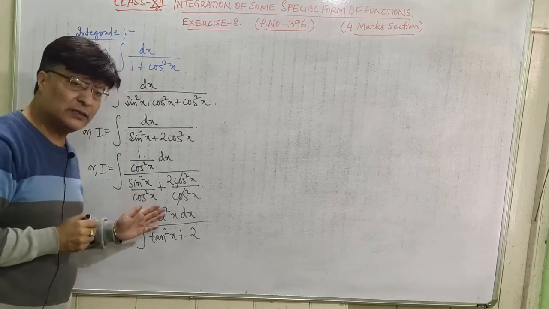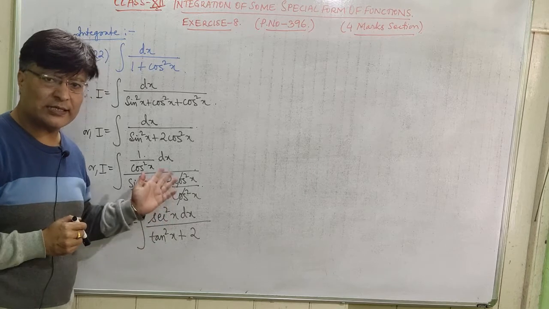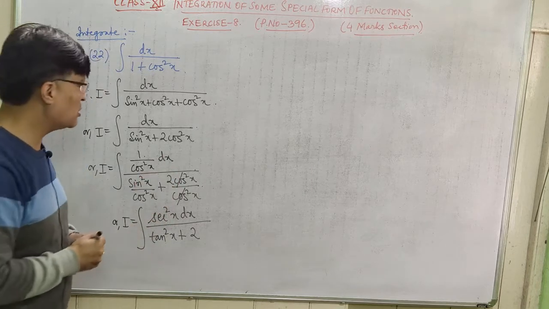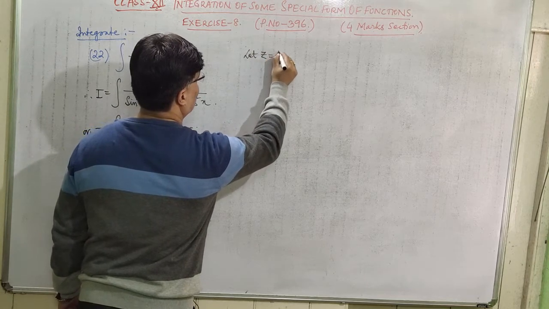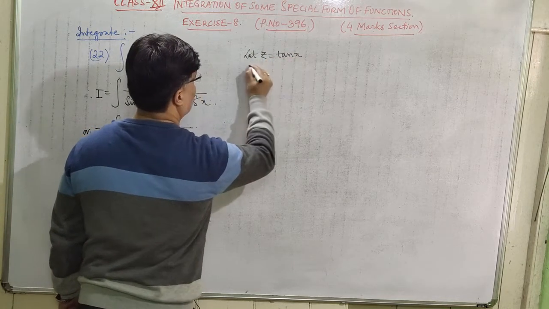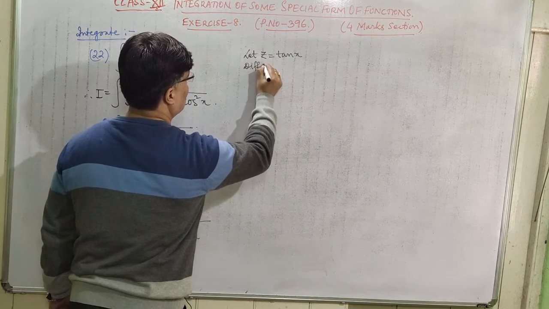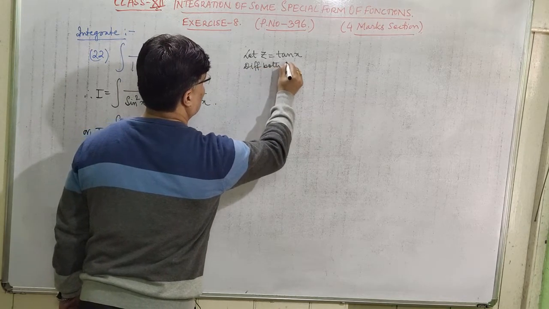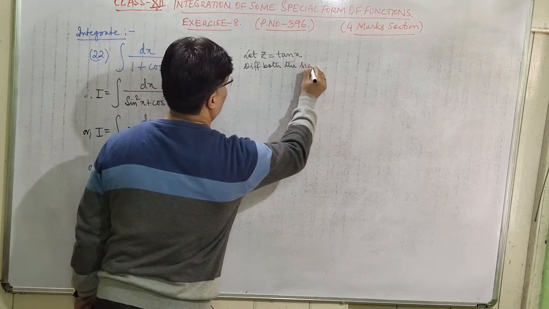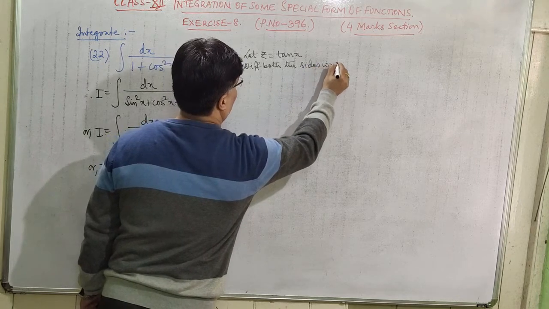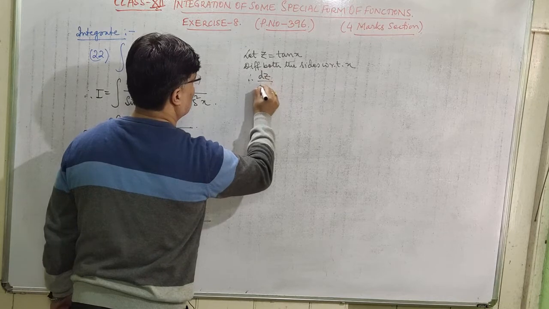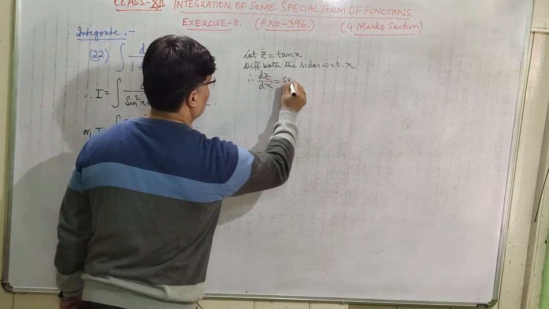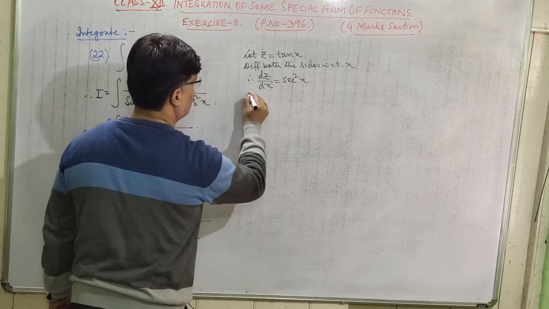Now you know that the differentiation of tan x is sec square x, so we can use the method of substitution in this case. So let z is equal to tan x. So now write down, differentiating both the sides with respect to x. So this is dz by dx is equal to what is here? It is sec square x.